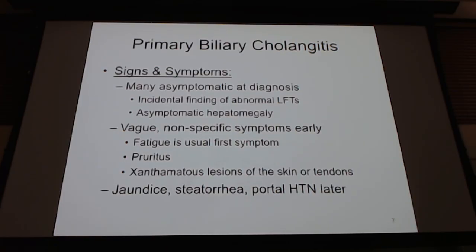That could be anything, from not getting enough sleep to primary biliary cholangitis. Pruritus is what we're going to see with these folks, and xanthomatous lesions of the skin, where too much cholesterol and fat accumulates on the outside of the skin. They can also have jaundice, fatty liver, and then portal hypertension later.